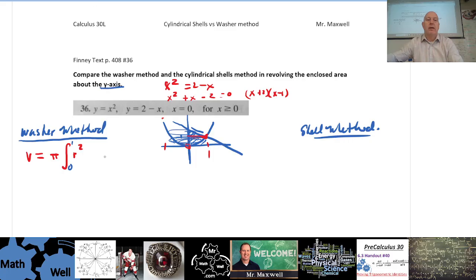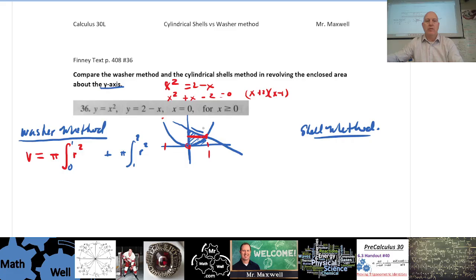Okay, and then plus, so 1 to 2 of r squared. Now, I didn't put the dx or dy here yet because what you have to understand is that we have to subtract this function right here, the x squared minus 0 here.